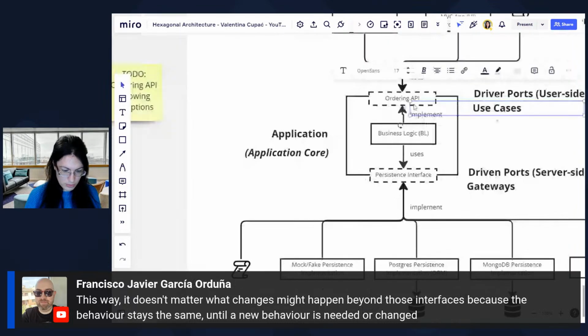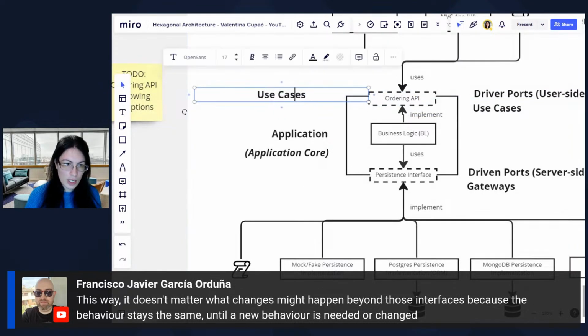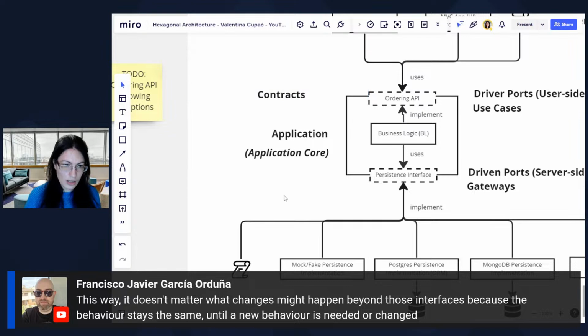So we could say that these are representing contracts, and that those contracts are representing some kind of expected behavior behind the interface. So sorry, both of these are essentially contracts.